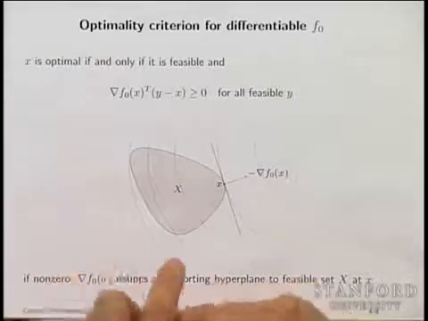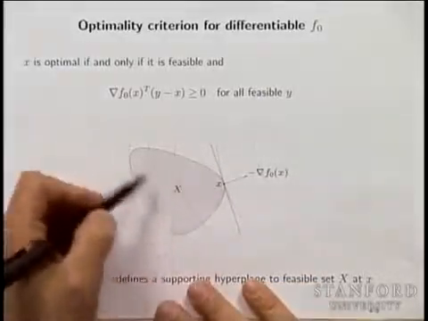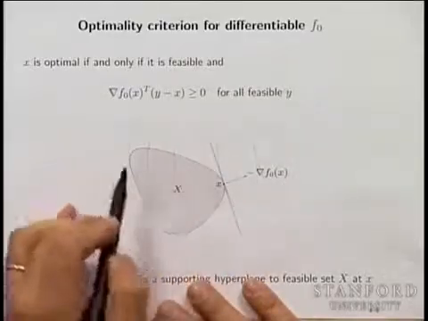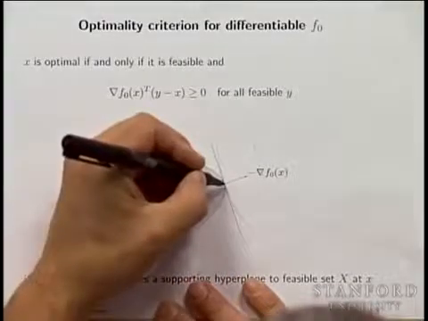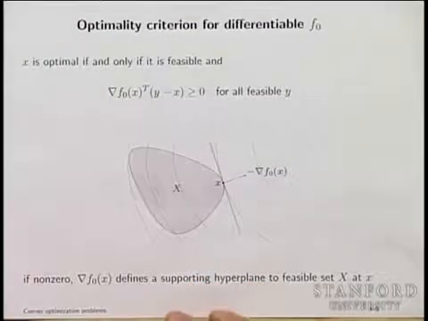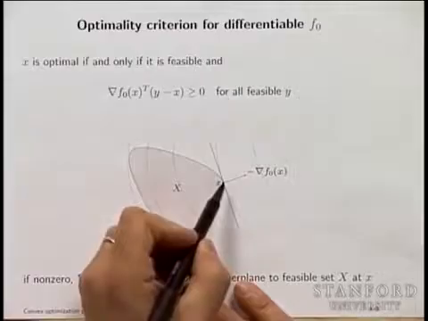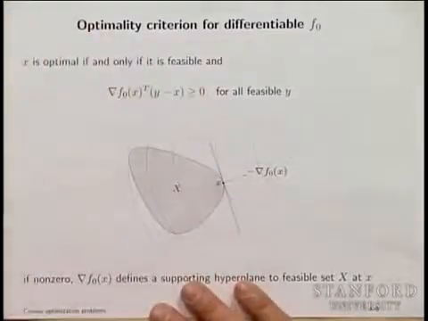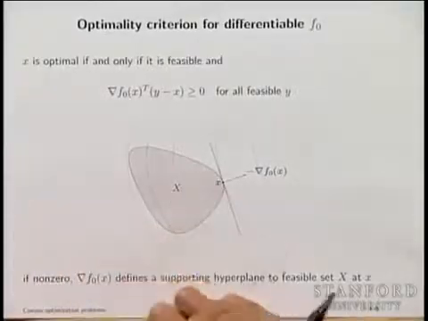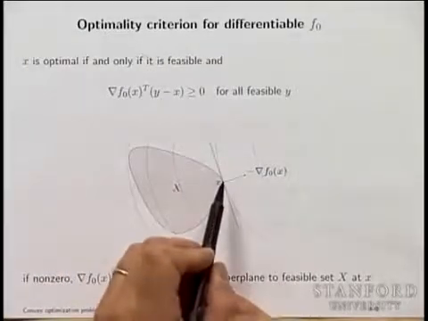Okay? Now, geometrically, it means this. Here's your feasible set. These are the level curves of the objective. And so this is clearly the optimal point. It's the point in the feasible set with the lowest objective value. So that's right here. You write the negative gradient of the objective function.